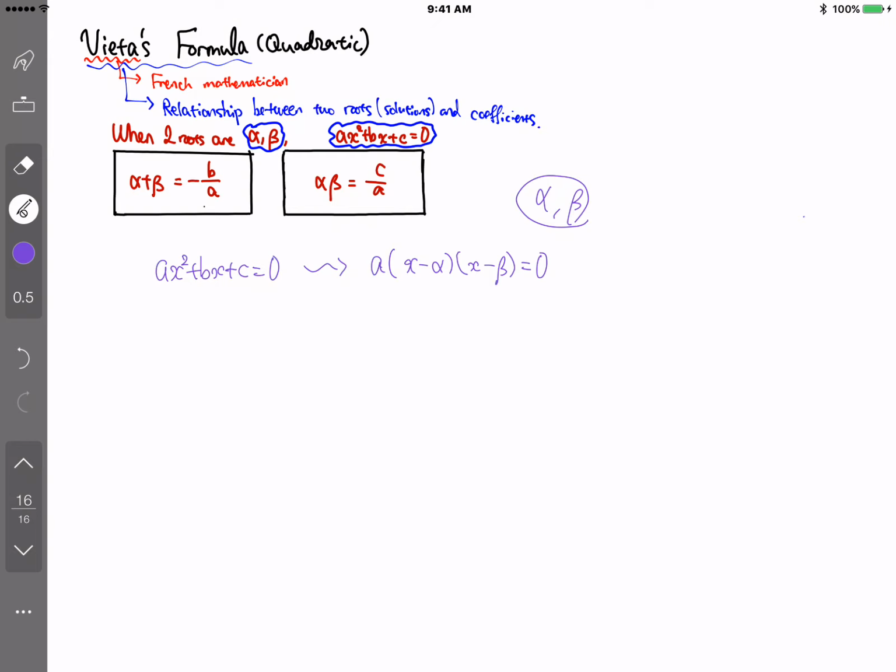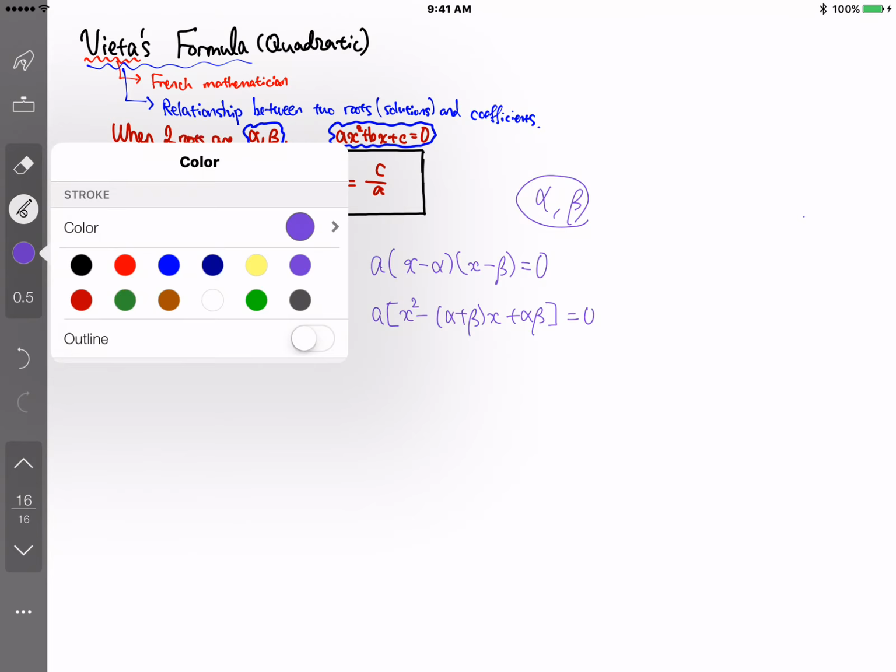If you expand those brackets out, it'll look something like this, which will lead to 0. Let me write this with a red pen.